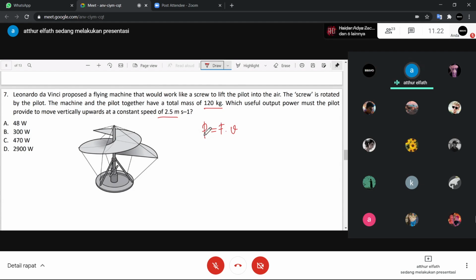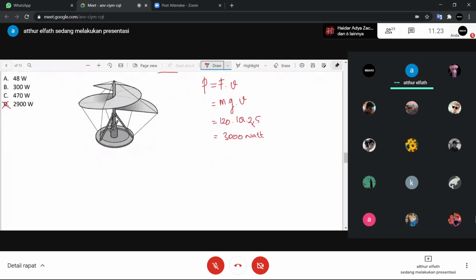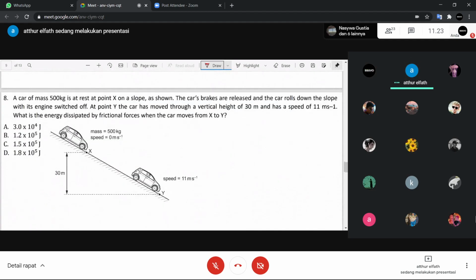Power equals force times velocity, and the force itself can be calculated using this formula. The mass is 120, the gravity is 10, and the velocity is 2.5. So you will obtain your number in watts. The closest one is this option. Number 8.